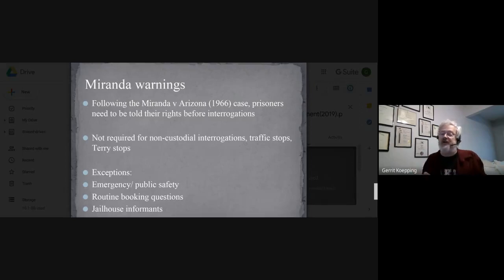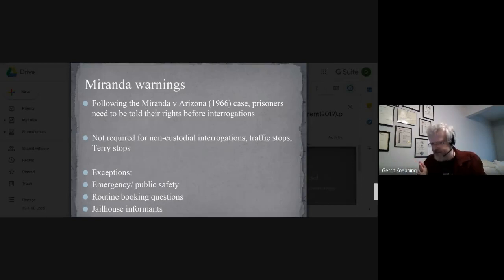They are only required to say them, though, if you are in custody. If you are arrested, then they have to Mirandize you. If you can leave, if you can walk away, they don't need to Mirandize you. If it's a Terry stop where they're only holding you for 20 minutes, they don't need to Mirandize you.